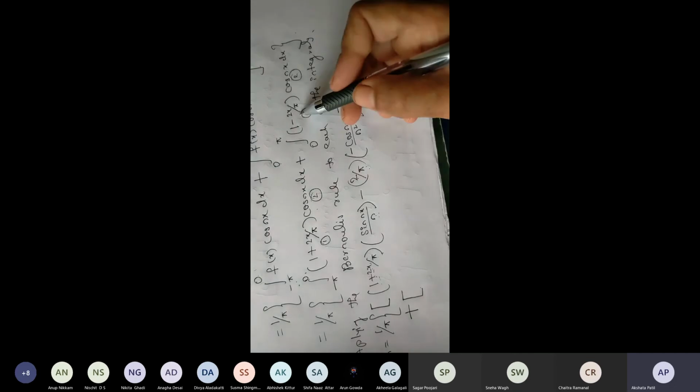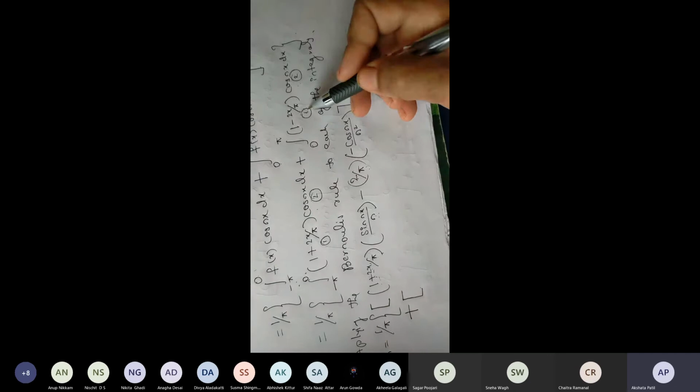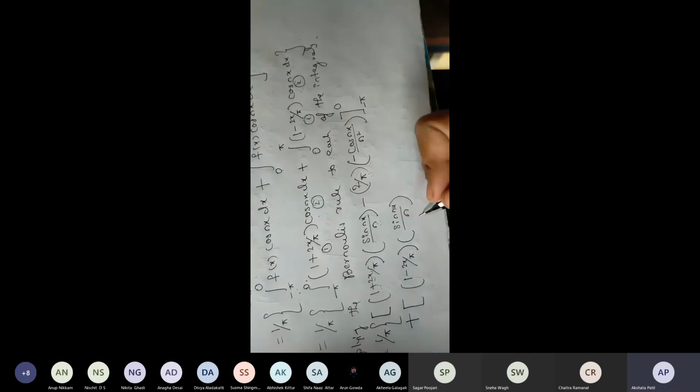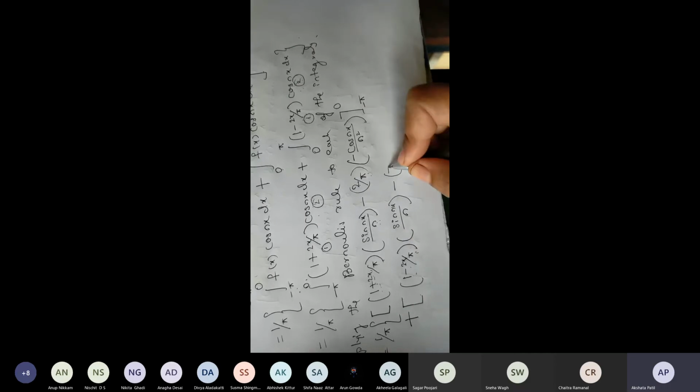Now plus sign. Again open the square bracket and apply Bernoulli's rule for the second integral. The first term is 1 minus 2x by pi, keep as it is. Now the integration of cos nx is again sin nx divided by n. Minus of the differentiation of 1 minus 2x by pi: 1 differentiation is 0, minus 2 by pi, and x differentiation is 1, so you get minus 2 by pi.